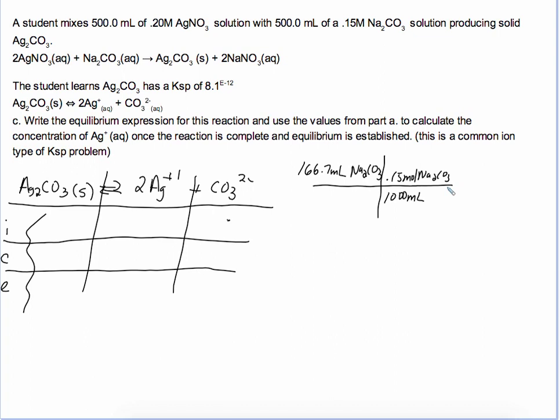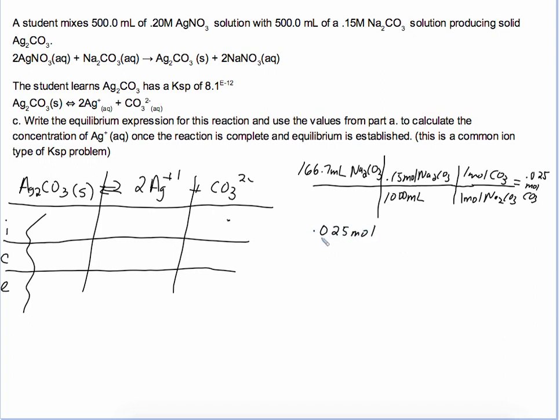Now, we want just the molarity of the carbonate, that's the common ion, and for every 1 mole of Na2CO3, you have 1 mole of carbonate. If you do that math, you get 0.025 moles of just carbonate.